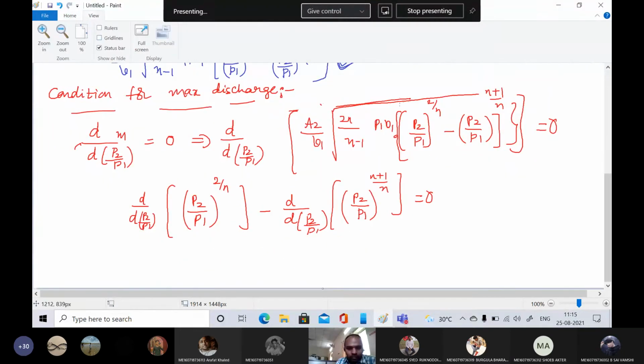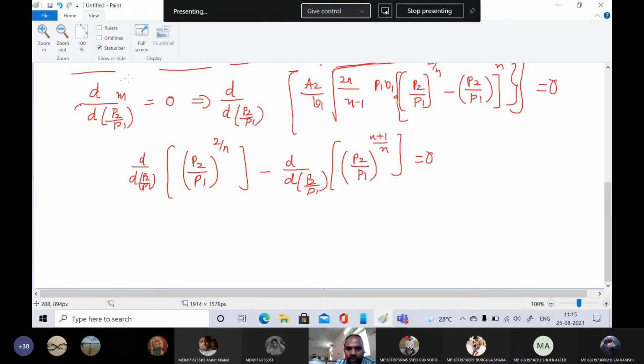Okay, now we differentiate. The formula is d by dx of x power n is equal to n into x power n minus 1, where x is nothing but P2 by P1 here. So 2 by n into (P2 by P1) power 2 by n minus 1.